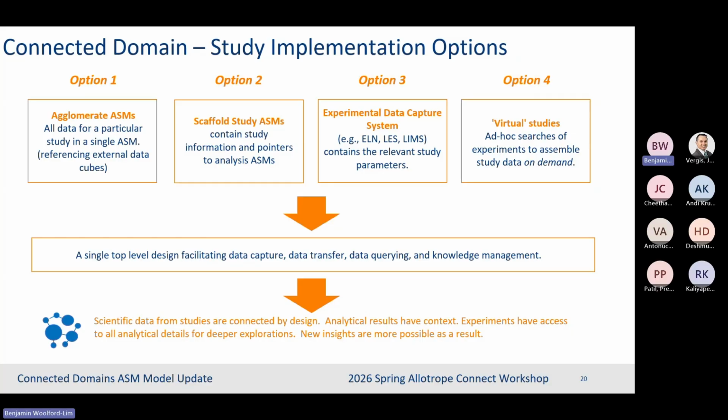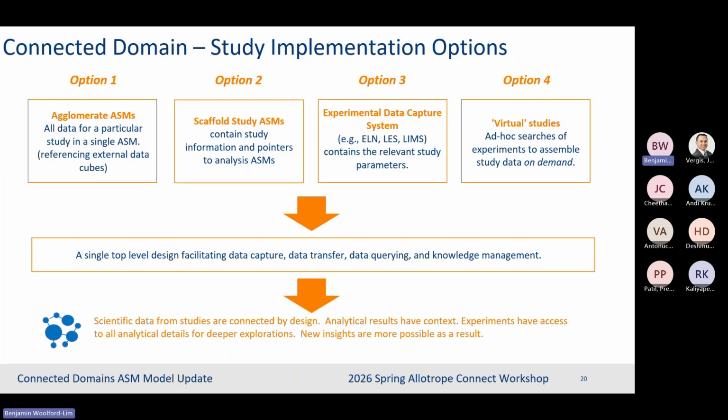Or maybe it's going to be for filing, so it has to be rigorously done, and we have to have a signed protocol, but we can still go out there and look, and we can say, no sense doing 35 degrees, because we know that it's going to get information like that. So in all 4 cases, you have this single top-level design that's going to facilitate data capture, data transfer, and knowledge management.